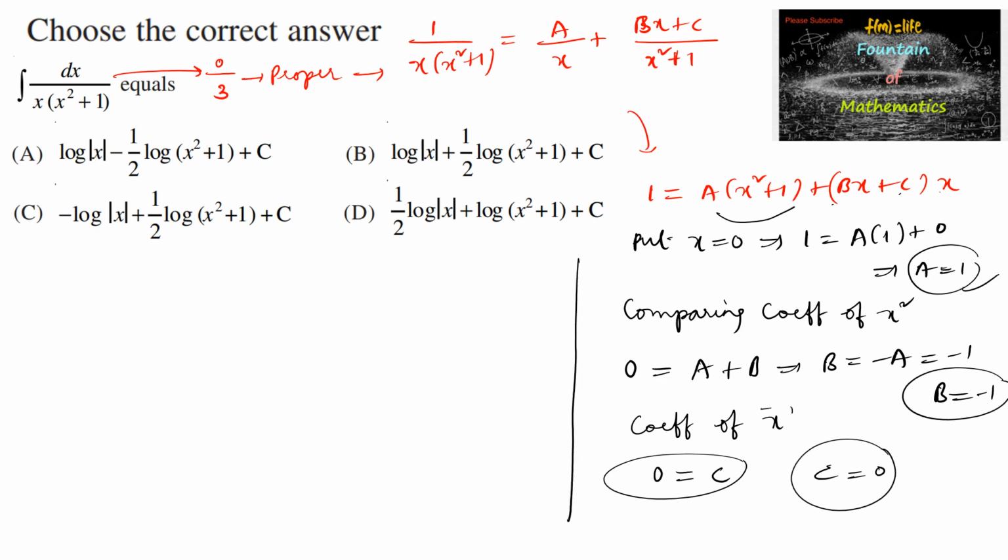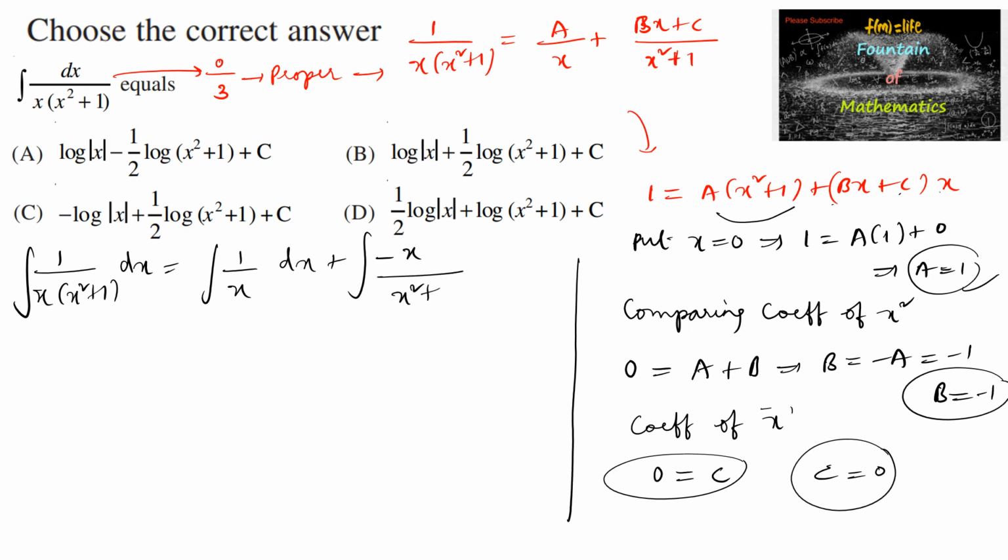So our integral, integration 1 upon x into (x square plus 1) dx, is equal to, A value is 1, so 1 upon x dx plus, B is equal to negative 1, negative x upon (x square plus 1) dx. In the second integral we can substitute x square plus 1 is equal to t. So 2x dx is equal to dt, or x dx is equal to 1 upon 2 dt.